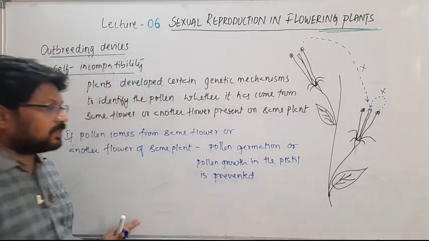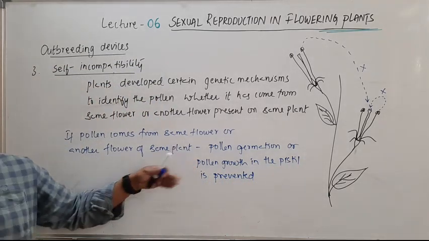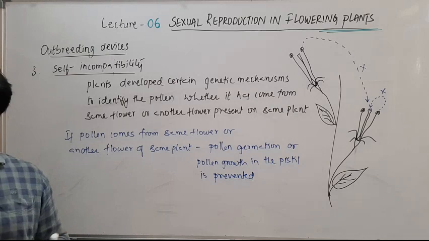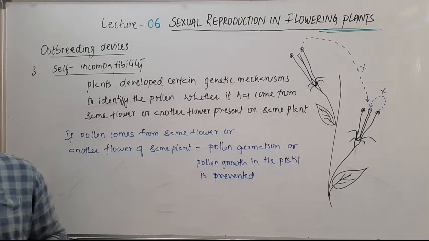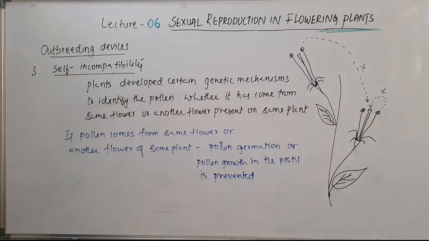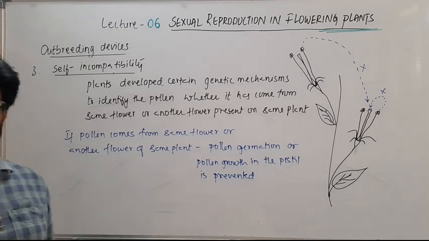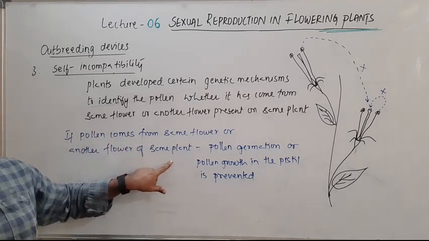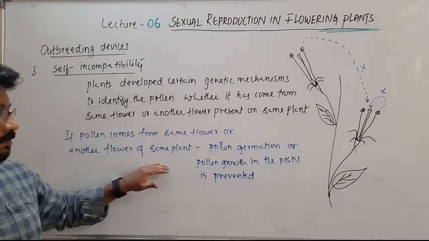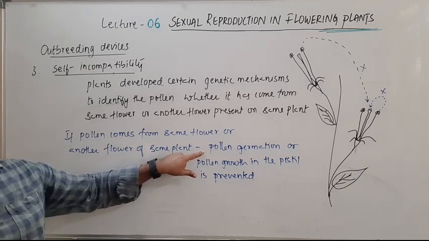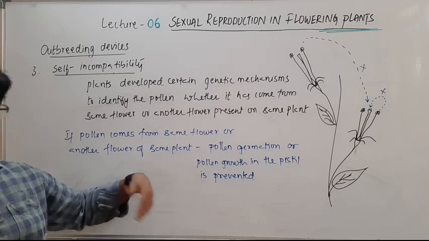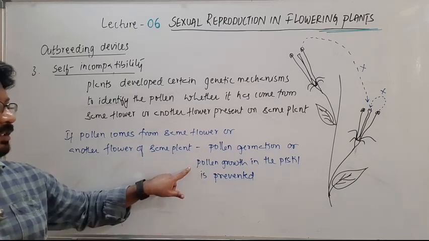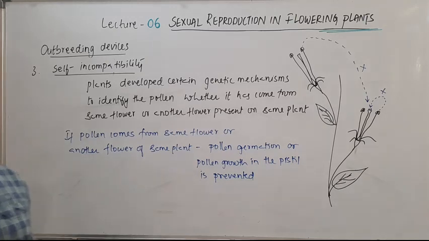It stops the pollen germination, or if the pollen germination has already happened and the pollen tube has started to grow, it will still not allow the pollen tube to reach the ovules of that flower. So if it comes from the same flower or from another flower of the same plant, the pollen germination is stopped, or if it has already occurred, the pollen tube growth is stopped in the pistil.